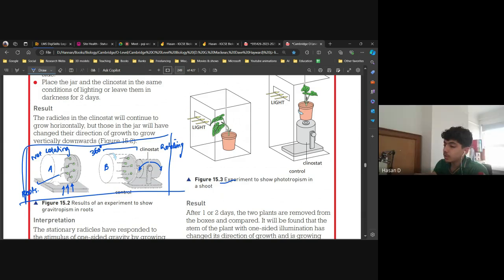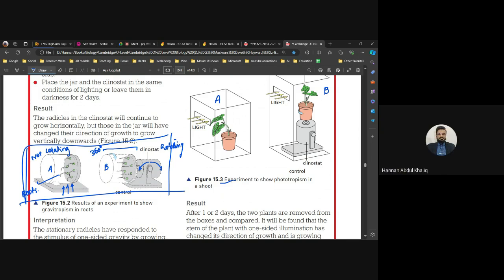The second one is upright because I'm assuming the clinostat is rotating, so there's light on all sides. The clinostat is rotating, and so the plant has light, meaning that light is falling equally to all the parts of the shoot.